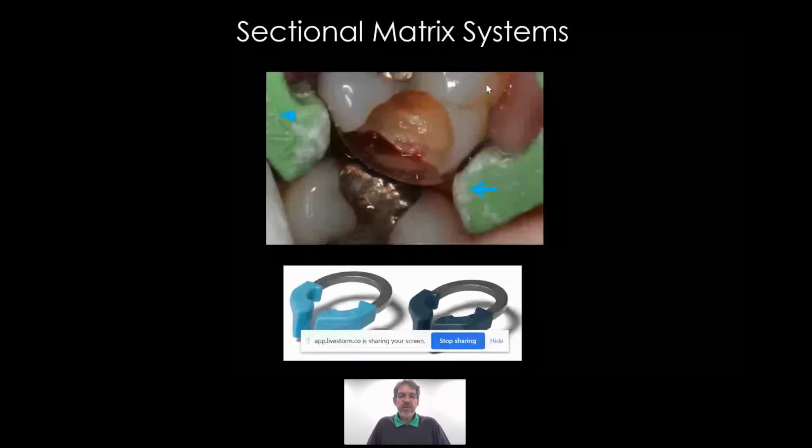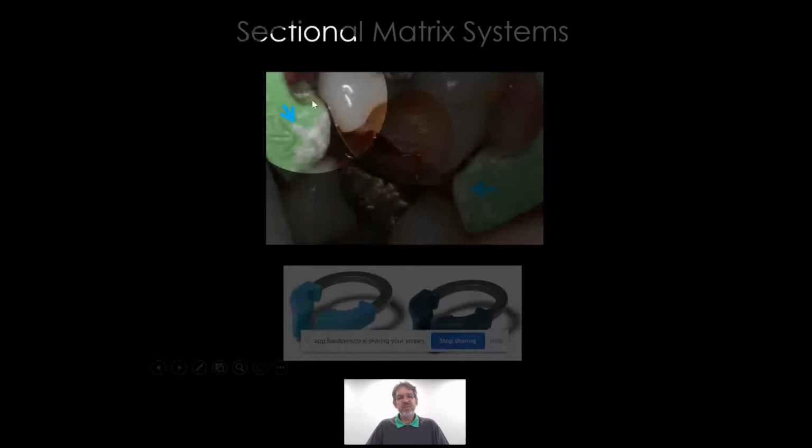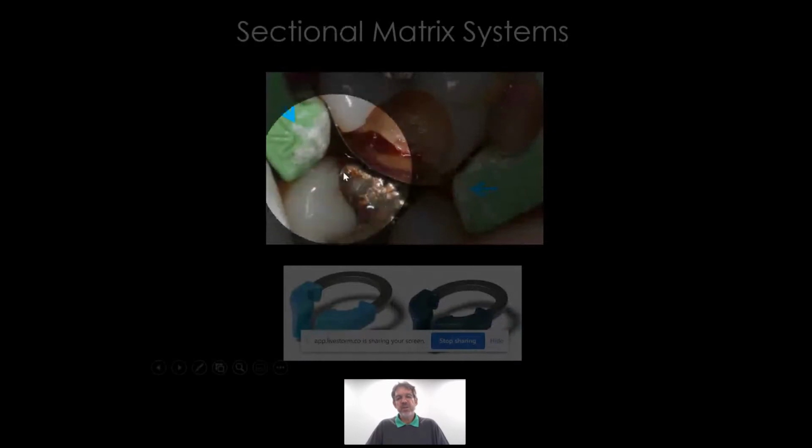Then we have the same concern, and the feedback we received from numerous customers, because we do sell the Triodent system here in Canada, is the issue with composite or adhesive sticking to the ring. And then you'll also notice that this is all a single piece construction.